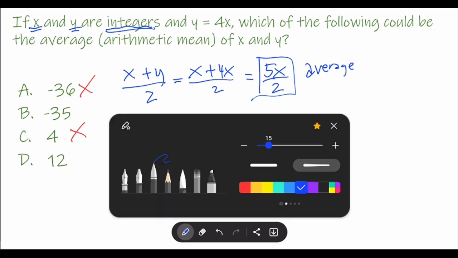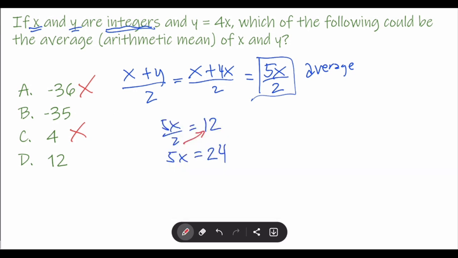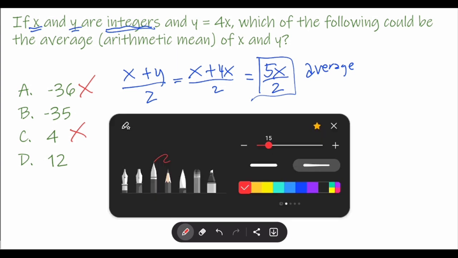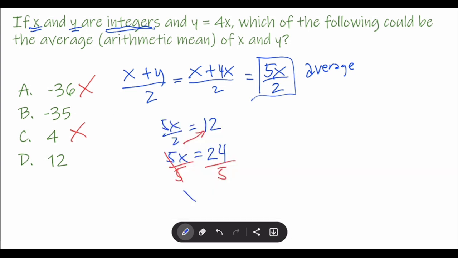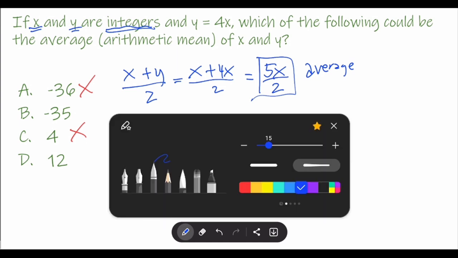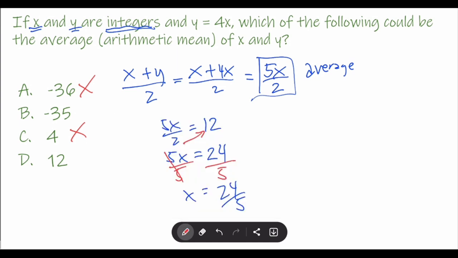Then we divide both sides by 5 so that only x is left. So x is equal to 24 over 5, and we cannot reduce it. You cannot divide 24 by 5 without it becoming a decimal, so it's not an integer. But x should be an integer. So that means D is not the correct answer.